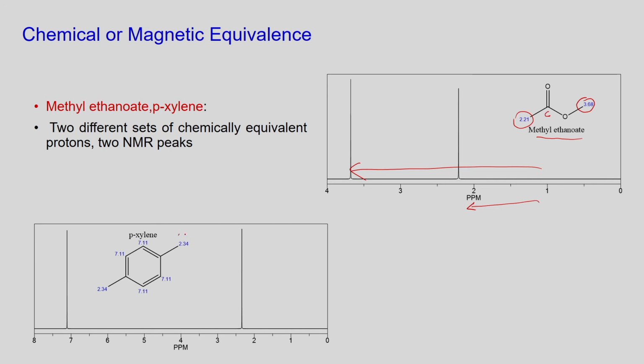Now, in this paraxylene, both the CH3 and CH3 are equivalent, while the remaining all club together in an area equivalent to the hydrogen atoms of an aromatic ring. Again the same thing: in paraxylene, because of the pi electrons, it is getting deshielded.